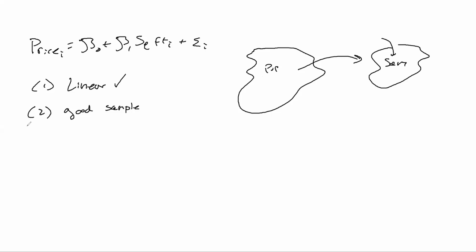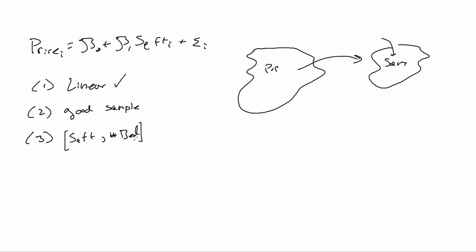For the third assumption, none of the independent variables are perfectly collinear. Say we included square feet, and say we included number of bedrooms.